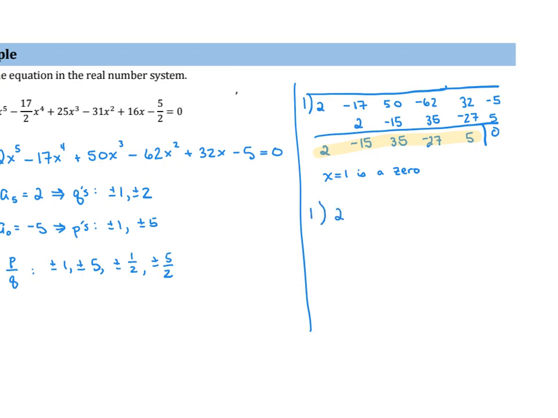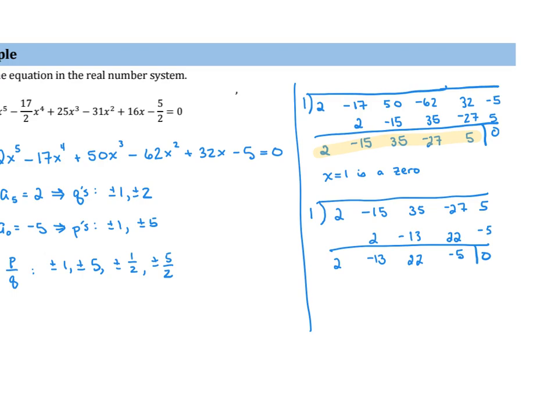So bring down the 2. 1 times 2 is 2, negative 13, multiply. Now 35 minus 13 is 22, multiply, add, multiply. It's a 0 again.